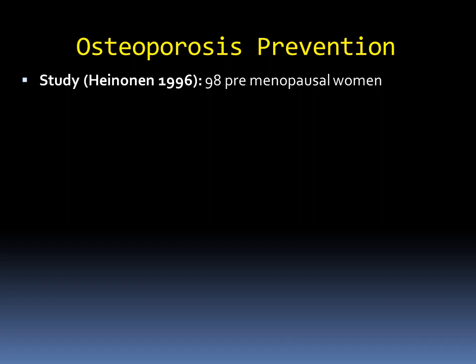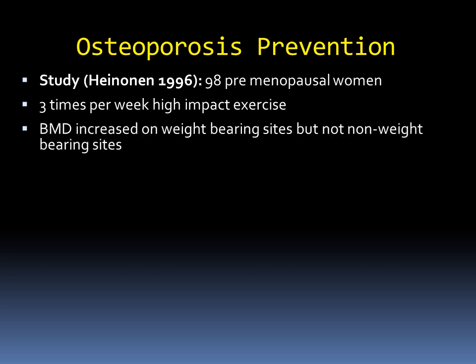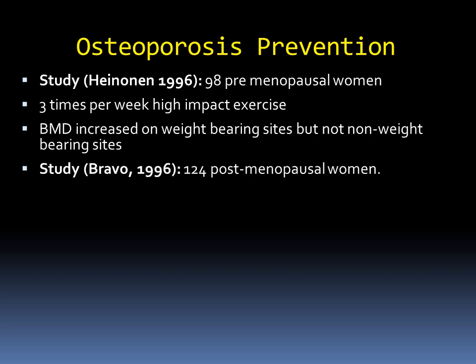Looking at studies then, Heinemann in 96 looked at 98 premenopausal women, and she had them performing high-impact exercises 3 times a week, and reported that bone mineral density increased at weight-bearing sites, but not at non-weight-bearing sites. Bravo in 96 used 124 postmenopausal women.